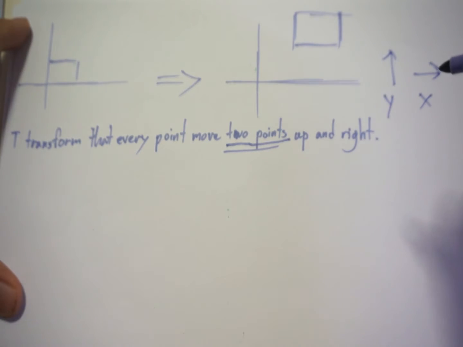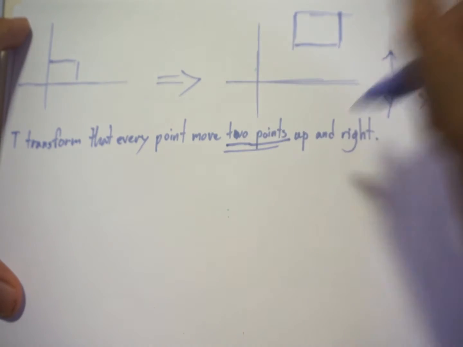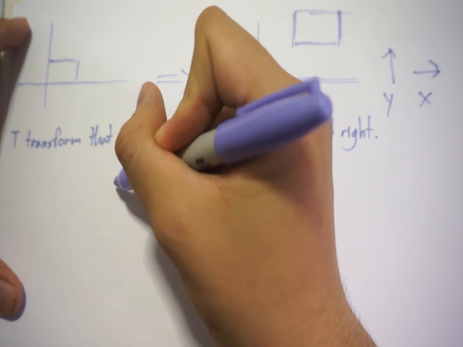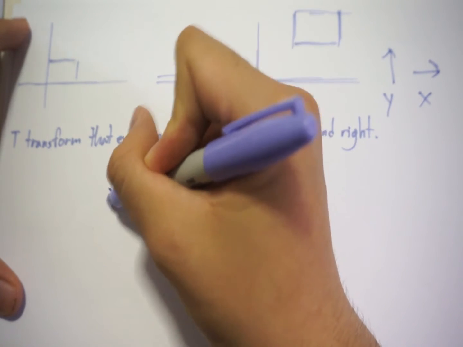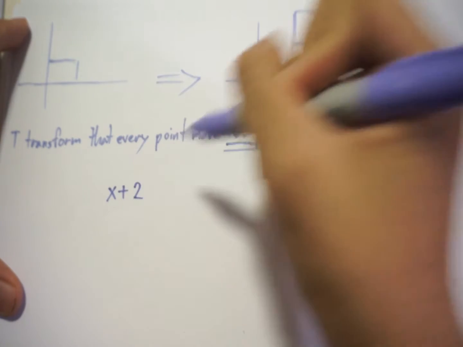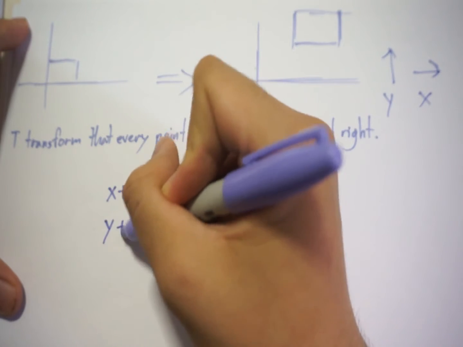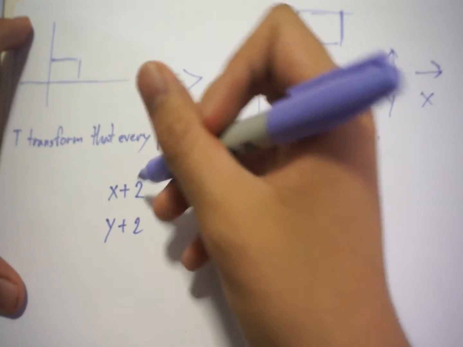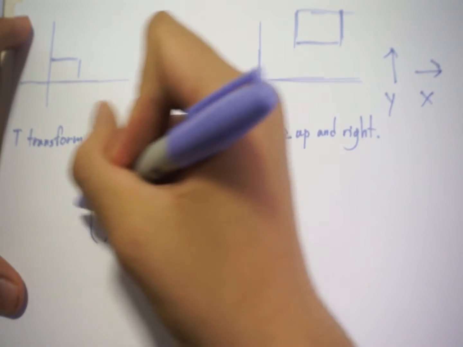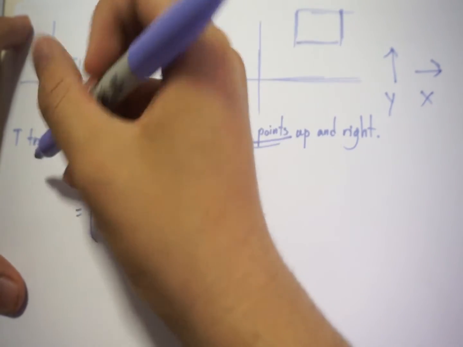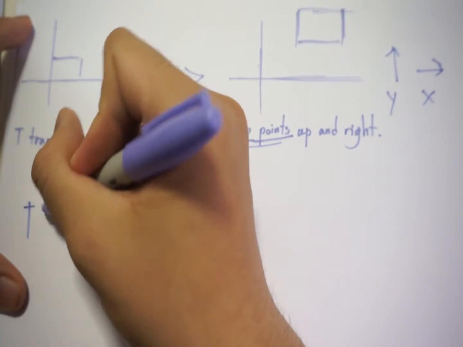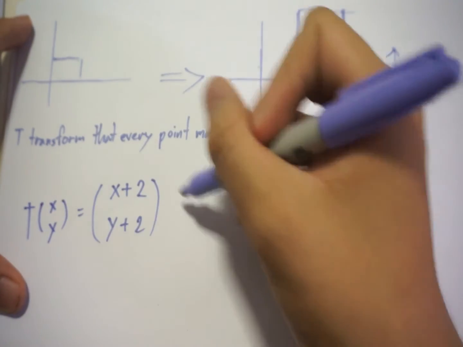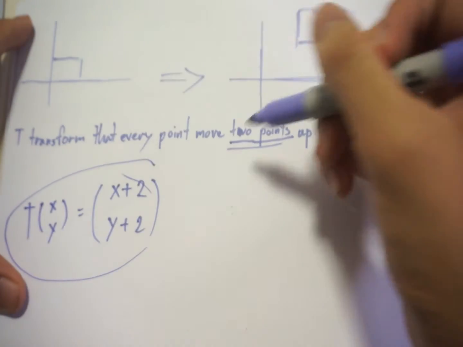So 2 points up and right means it's gonna involve x plus 2 and y plus 2 because of the coordination. And then we have the general form of it, the T transformation of x, y. You have this general form.